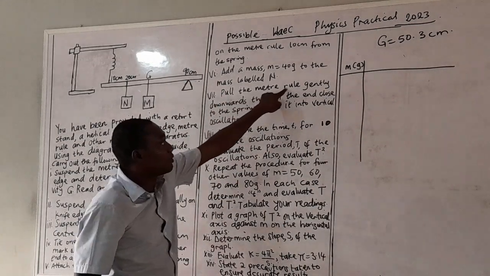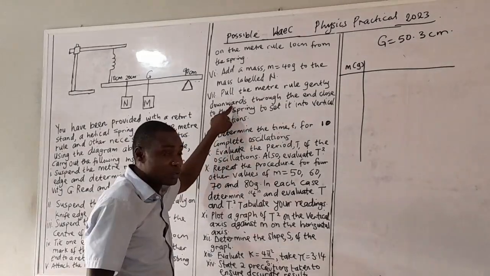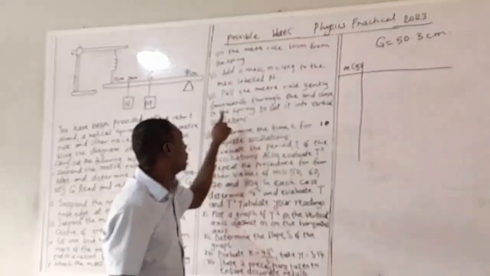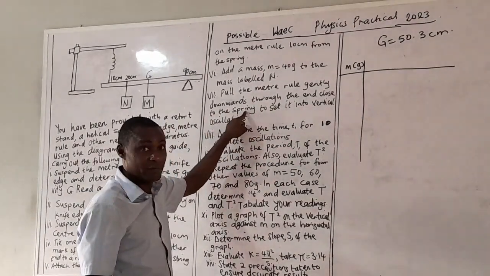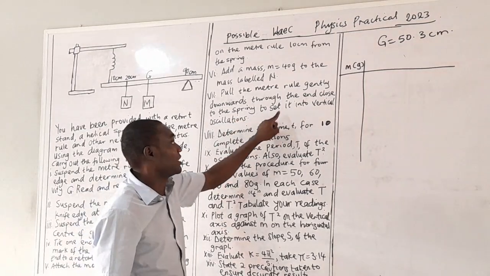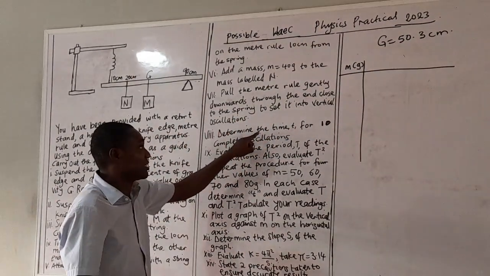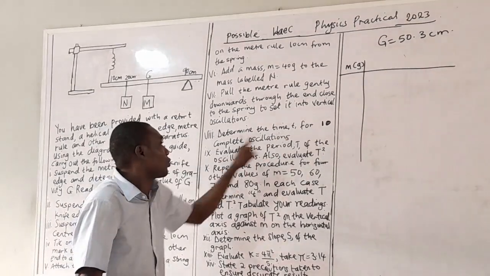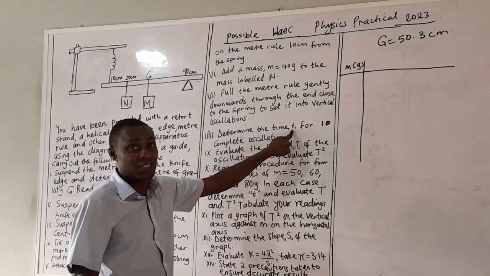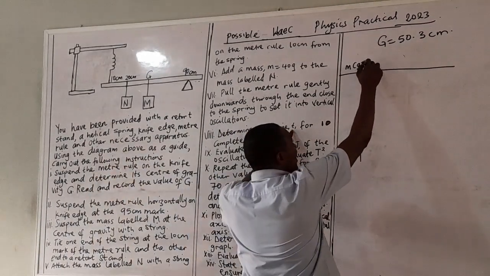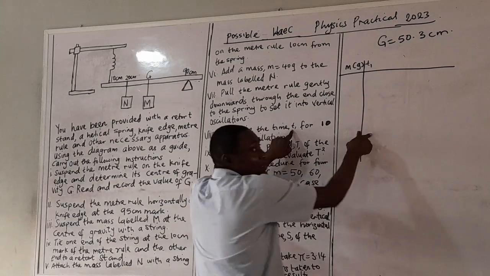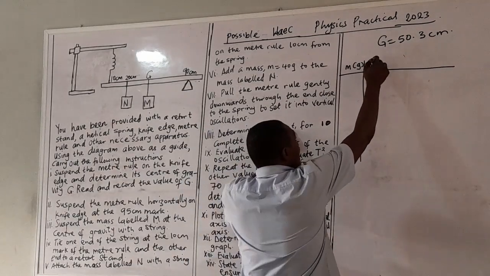Pull the meter rule gently downwards through the end close to the spiral spring, to set it into vertical oscillation. Determine the time t for 10 complete oscillations. So there is time t here, so I'm going to put t. Now I advise us to take time twice. T1 in seconds.